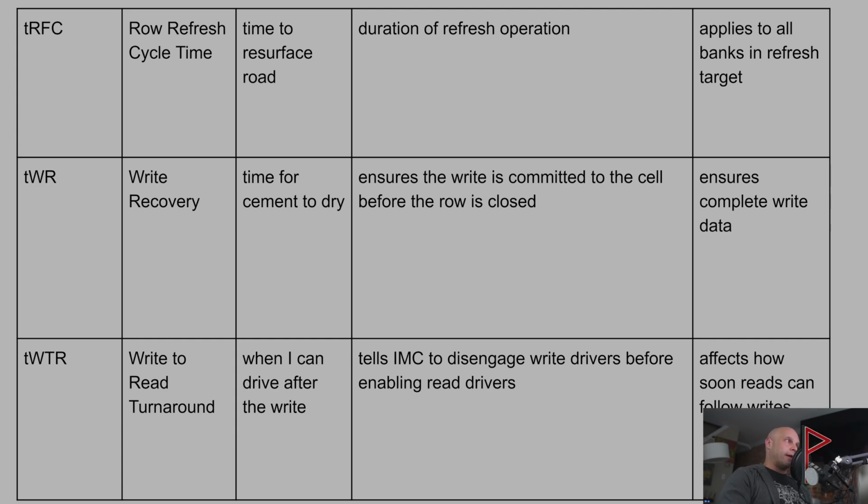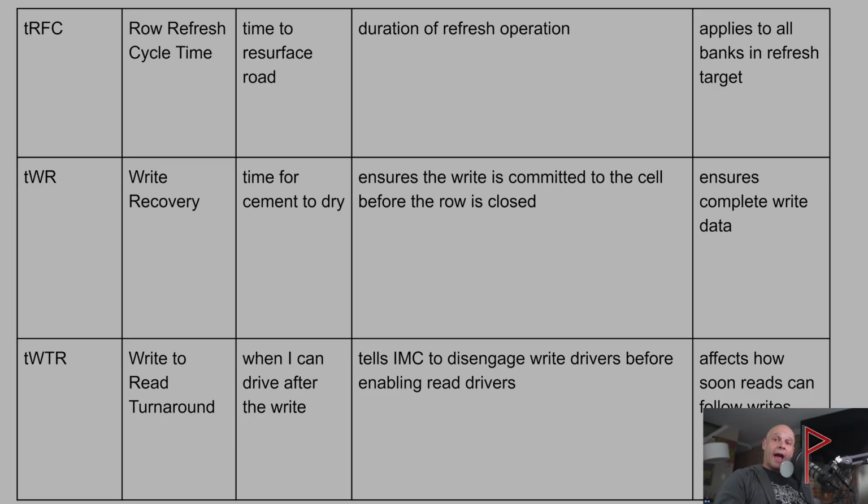And then you have your write to read turnaround. That's when you can drive after the write. So data set, road, pavement is dry, and we've observed this delay, and now you can drive after the write. How long do you have after the write to get driving?